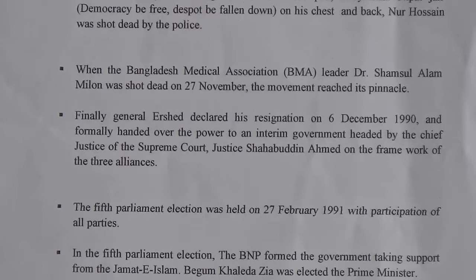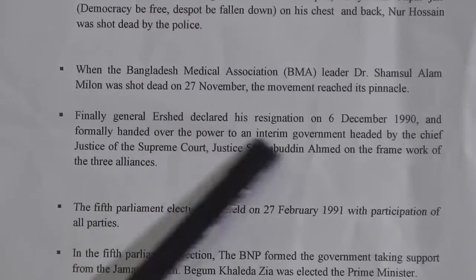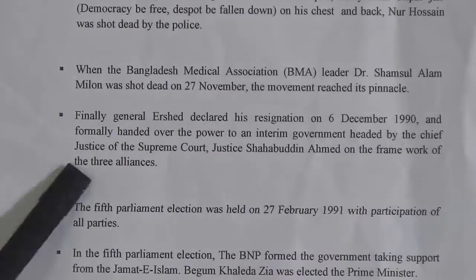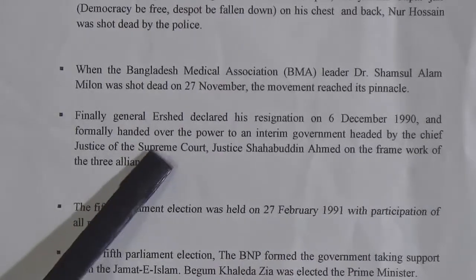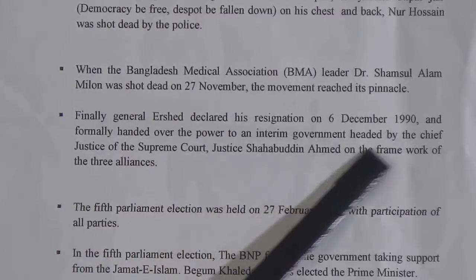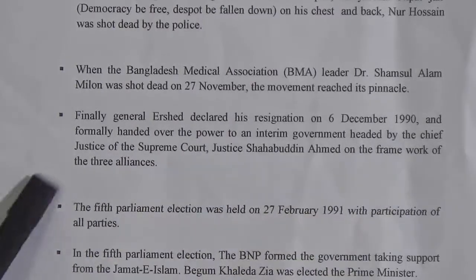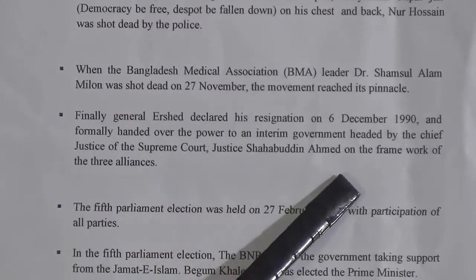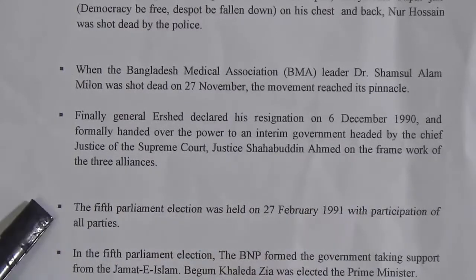Finally, General Ershad declared his resignation on 6 December 1990 and formally handed over power to an interim government headed by the Chief Justice of the Supreme Court, Justice Shahabuddin Ahmed, on the framework of the 3 alliances.